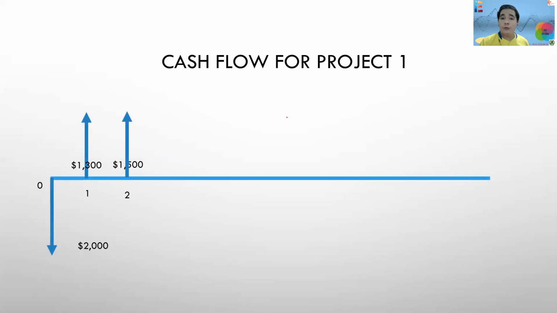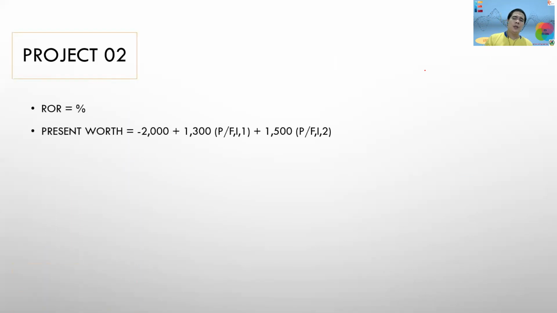Next. This is the cash flow for your project number 2. You have a cash outflow of $2,000 on year 0 and cash inflows of 1,300 on year 1 and 1,500 on year 2. So with that one, you'll have the ROR.